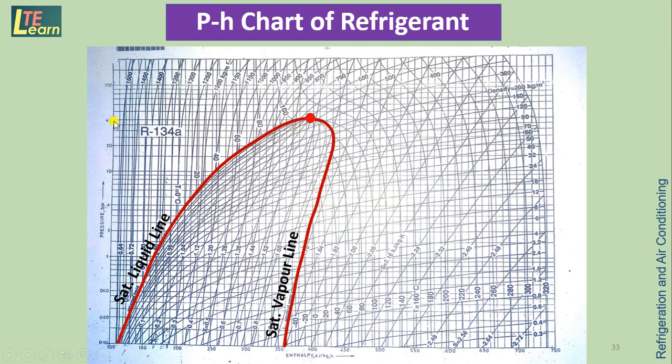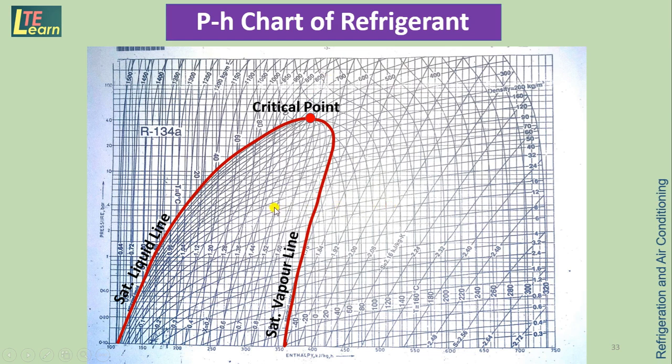Corresponding pressure on the pressure scale, that is called as critical pressure, and corresponding temperature is called as critical temperature. Significance of critical point is that vapor compression cycle plot should be below this critical point, because above the critical point condensation of the refrigerant is not possible.